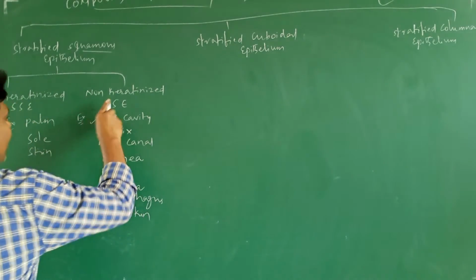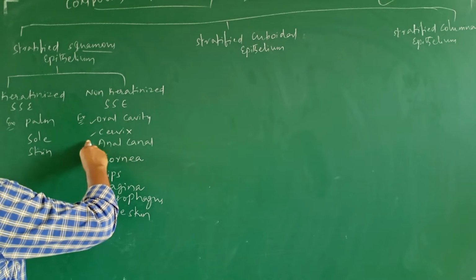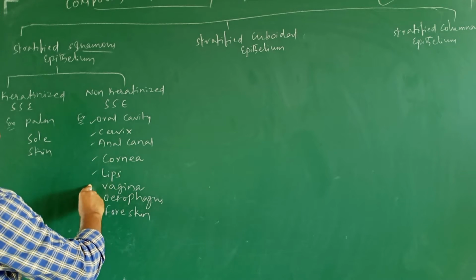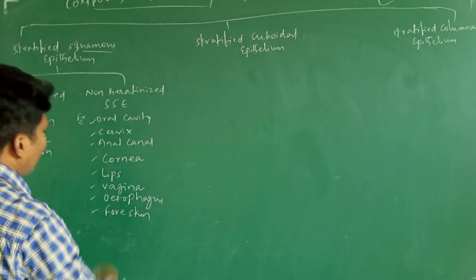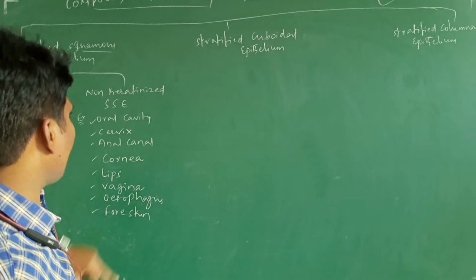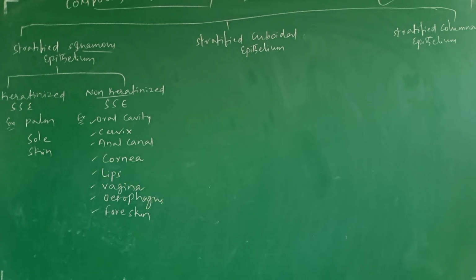So oral cavity, cervix, anal canal, cornea, lips, vagina, esophagus, foreskin: all these examples come under non-keratinized stratified squamous epithelium. Here keratin is simply absent.